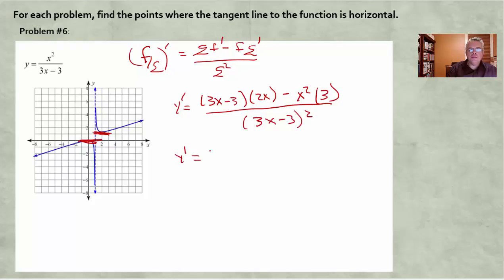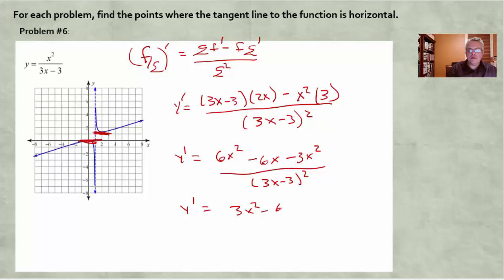So y prime equals, well, got some simplification. 2x times 3x is 6x squared minus 6x minus 3x squared all over 3x minus 3 squared. And so we get y prime equals 3x squared minus 6x all over 3x minus 3 squared.